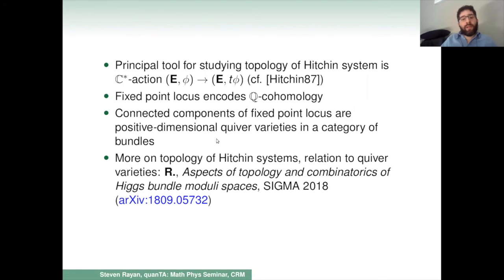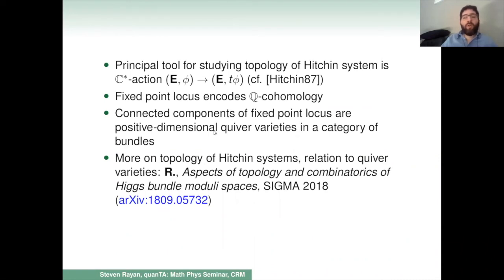but also with combinatorics. The cohomology ring of the moduli space of Higgs bundles is full of combinatorial identities. You can use the geometry and the topology of the moduli space to make combinatorial conjectures.